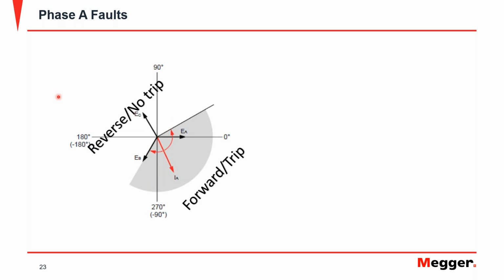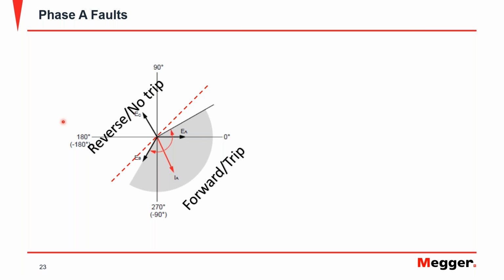And we can do the reverse. We can say that if the current is not within this area, then we have a reverse, and we shouldn't trip or enable the trip of the function that we are controlling with the directional element.